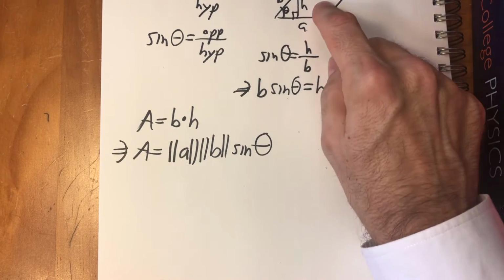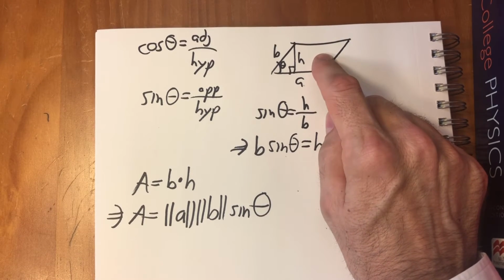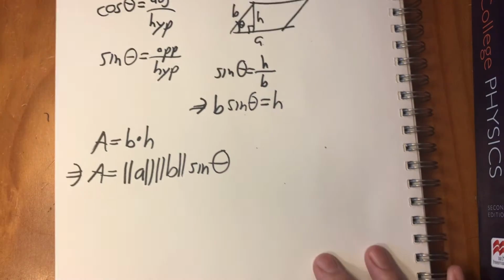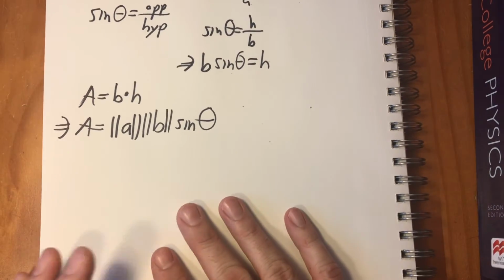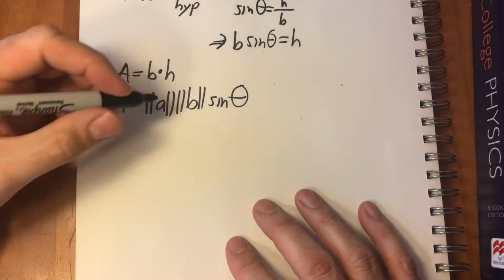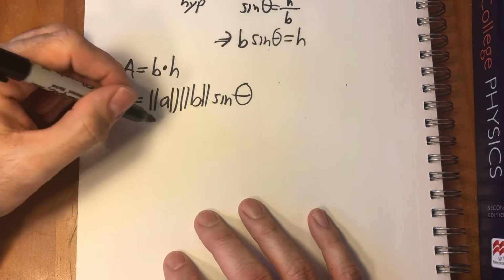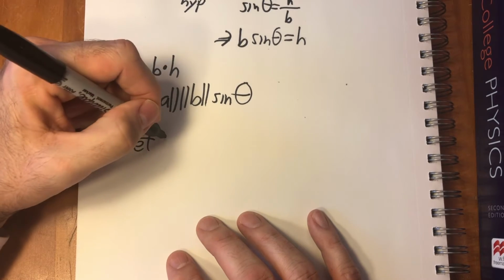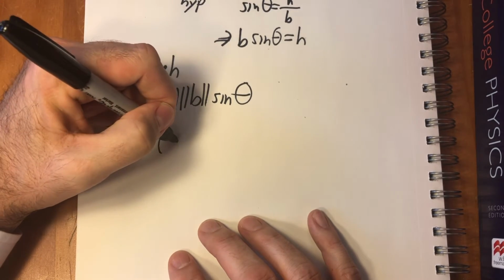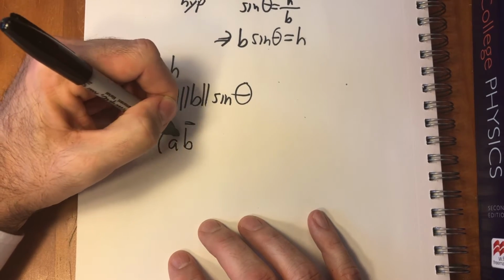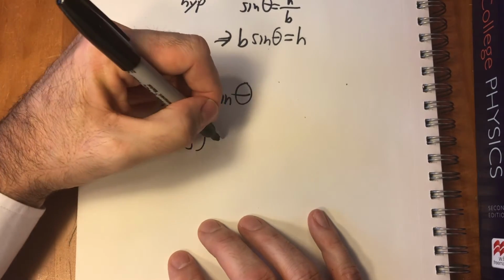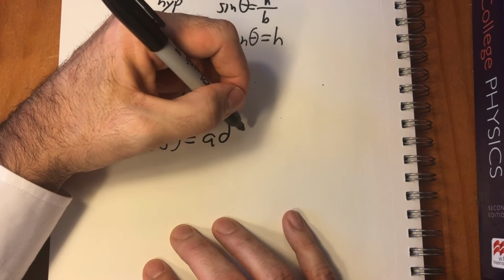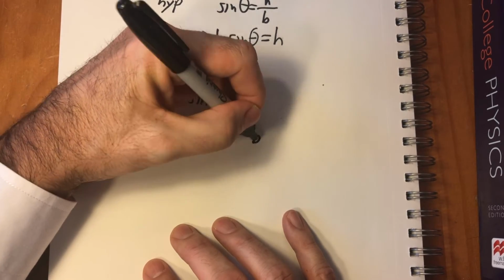So this is how you find the area of a parallelogram. Now, the interesting thing is, if you remember when you learned the determinant, let me take a step back here. The determinant of those two vectors, A and B, is AD minus BC.